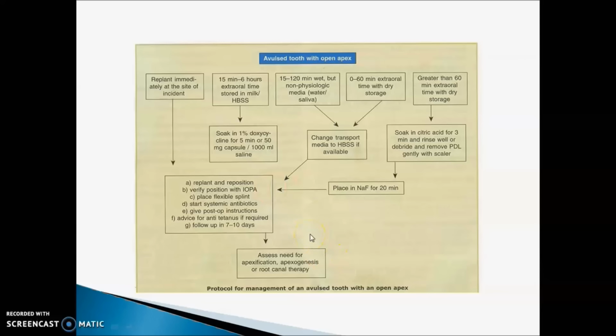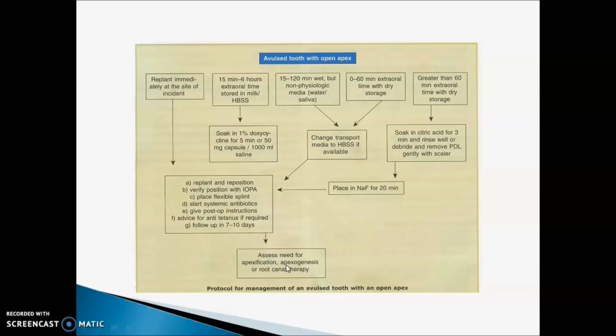Then when you go for follow-up of such open apex teeth after 7 to 10 days, you have to assess them whether they require apexification, apexogenesis, or sometimes if the apex is closed or near closed, you can go for the root canal therapy also. So friends, please remember, if there is open apex, the time factor is very important, and also the condition of the tooth, whether it is dry or wet.